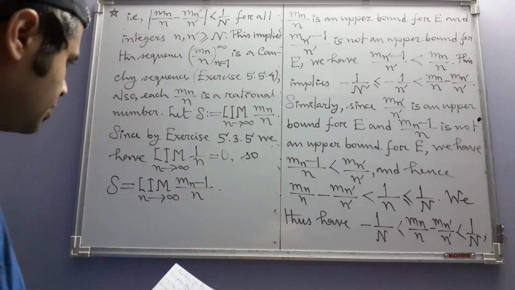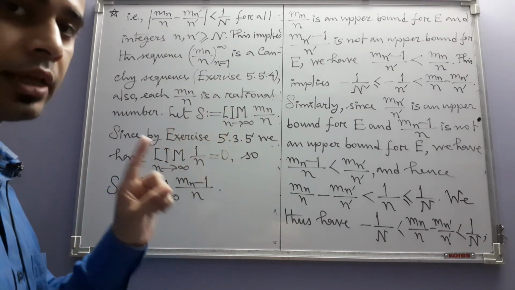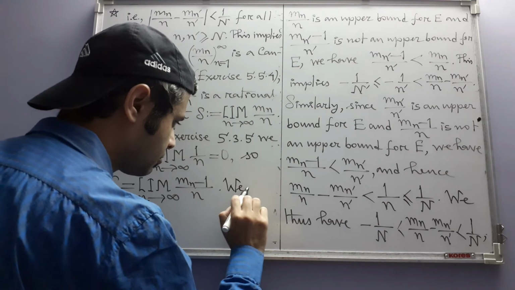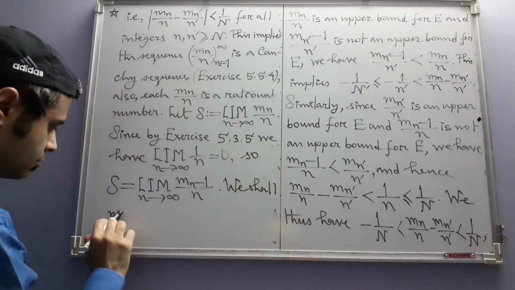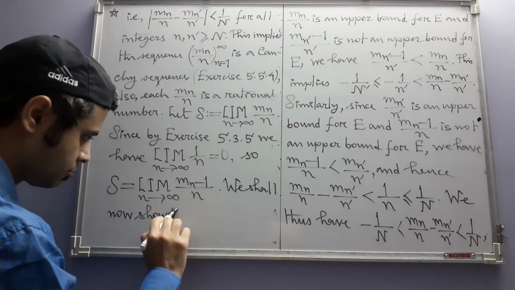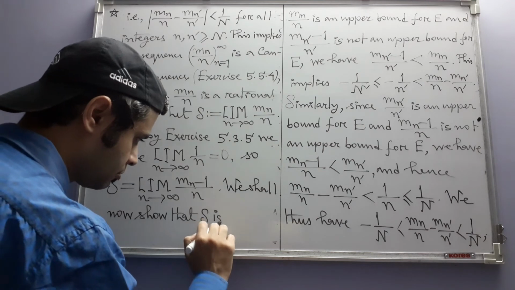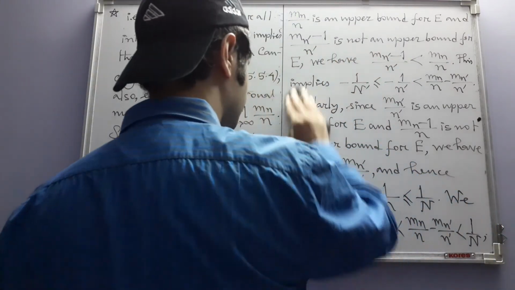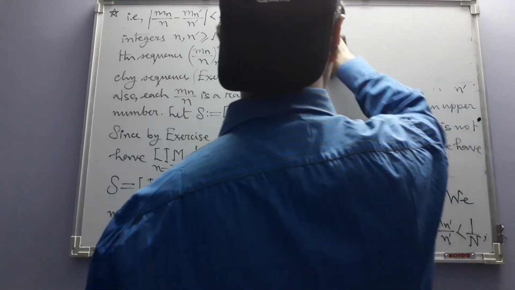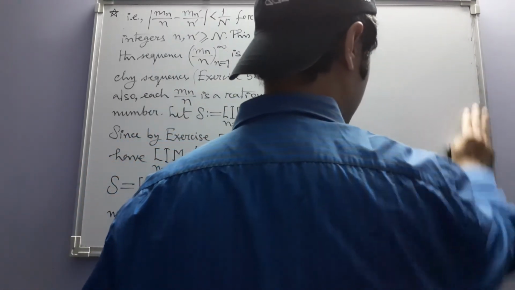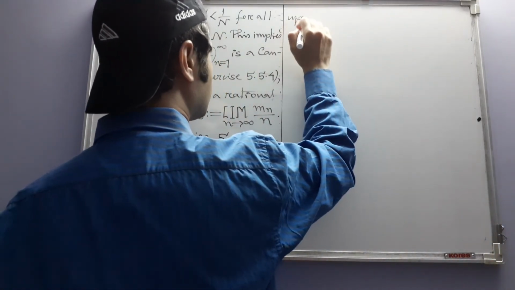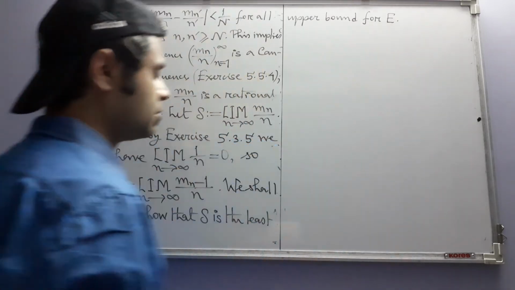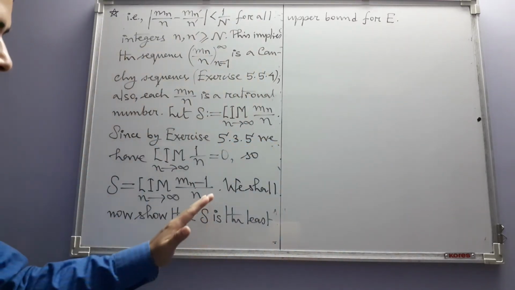Okay. Now this real number S, we are going to show, is actually the least upper bound for E. That S is the least upper bound for E requires two things.